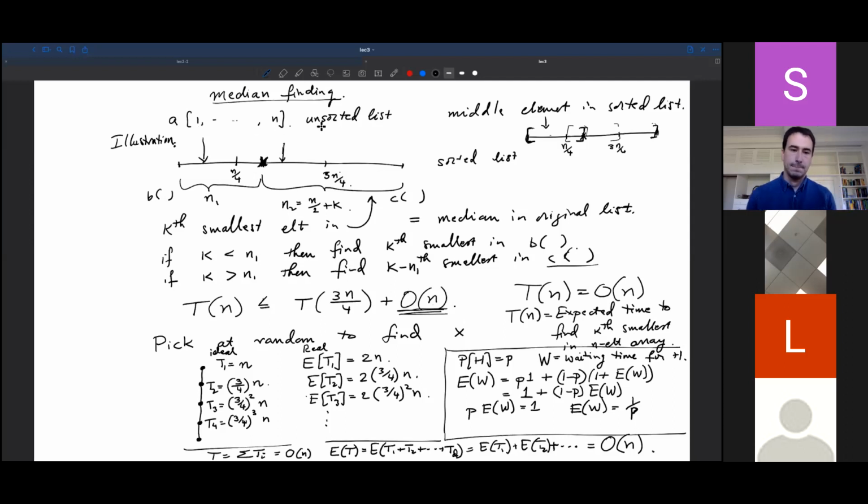We can divide the unsorted list into 2 pieces, which are still unsorted. But then we can throw away one of these 2 pieces. So that's our divide and conquer.